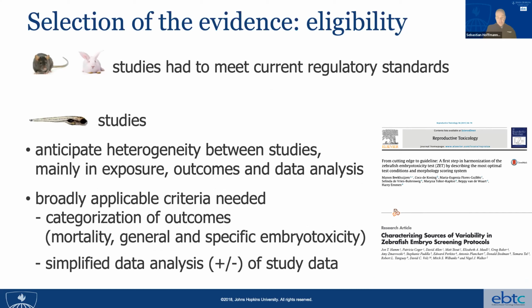With regard to the selection of the evidence, so doing the title and abstract screening and the full text screening, basically on the mammalian side, we defined that studies had to meet current regulatory standards, to keep it short.